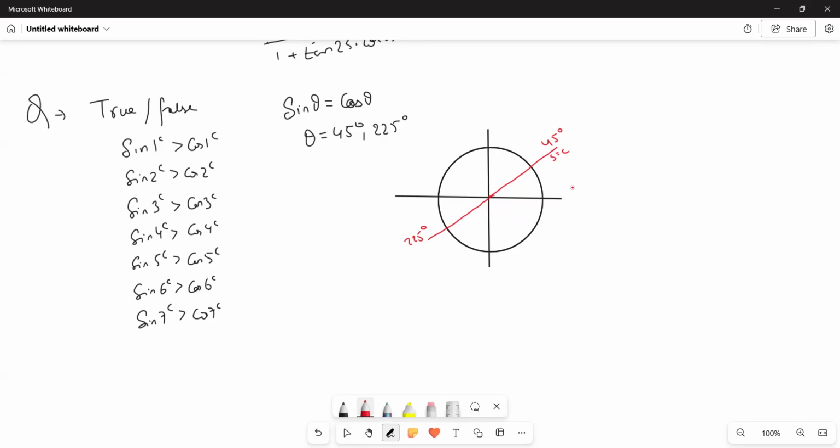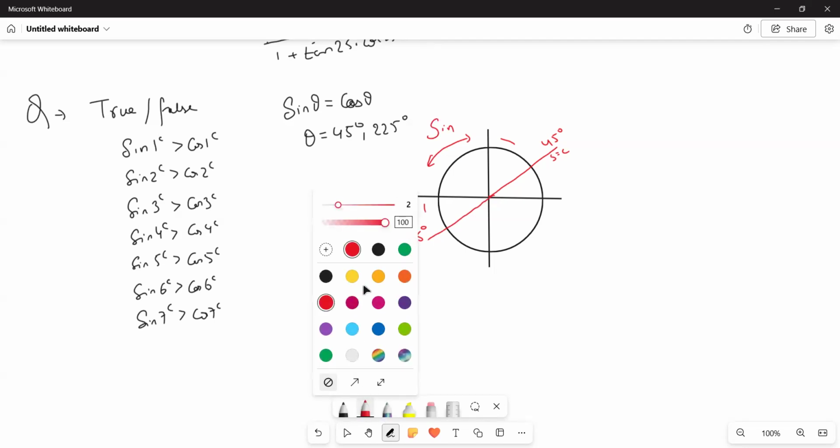Now every angle that lies above this line, like this half of the circle entirely, this is the region where sine is greater.